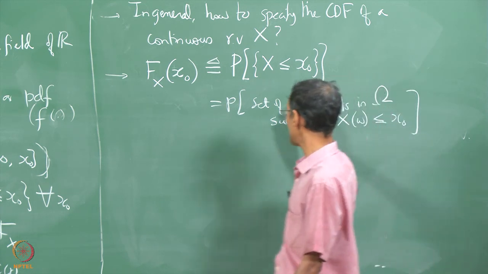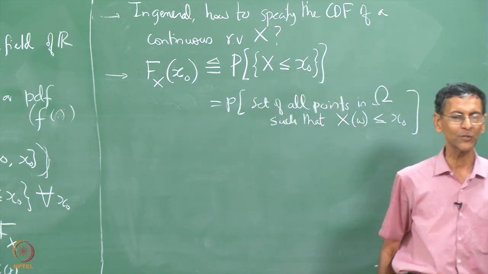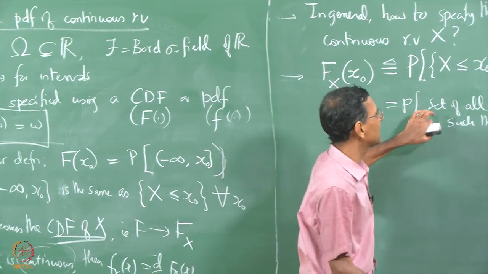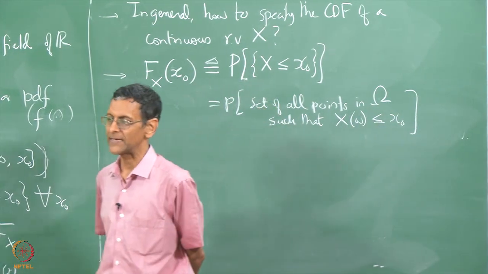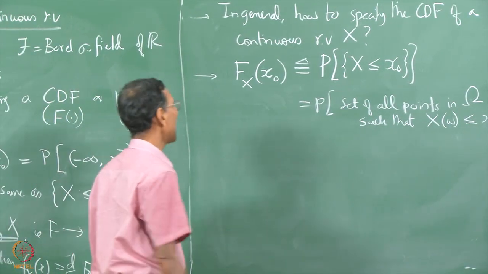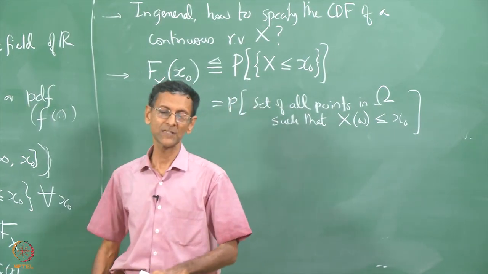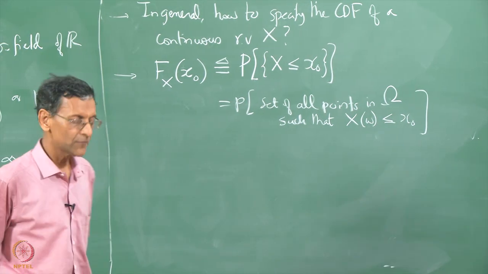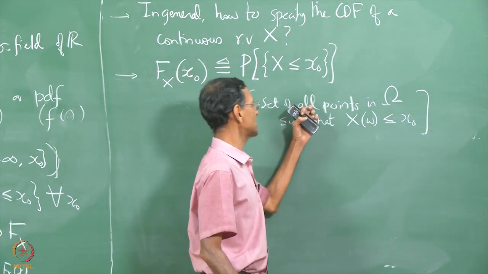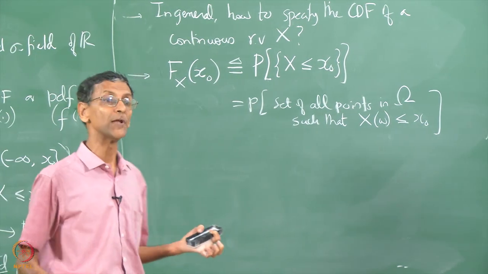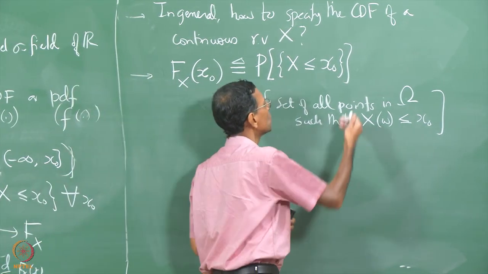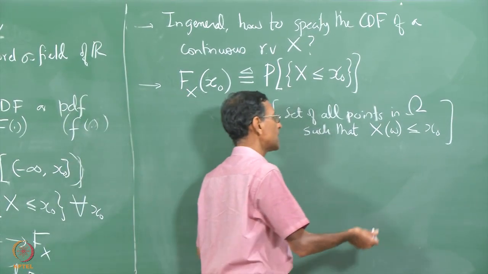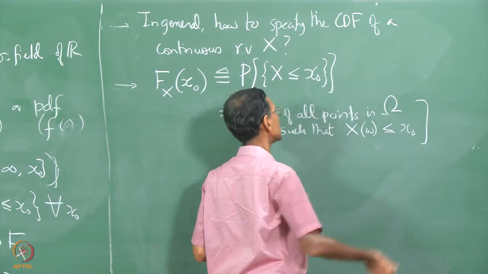So, this probability is not in general an easy thing to calculate. It only becomes easy in some very simple cases like this. In general, if you look at some complicated space and you define a complicated function capital X, this is not an easy calculation to do in practice, and therefore we cannot talk about a general calculation of this kind, because we do not even know how to assign probabilities, for example, to arbitrary sets of arbitrary omegas in R power k or whatever.